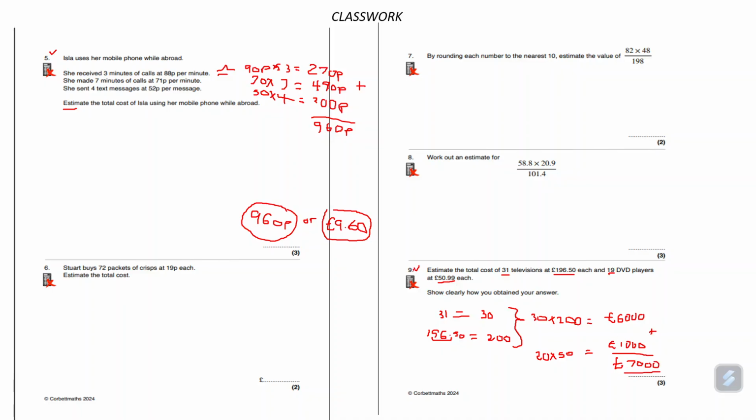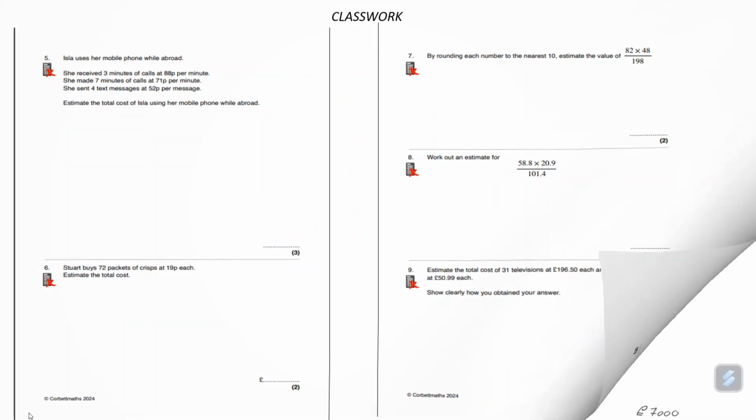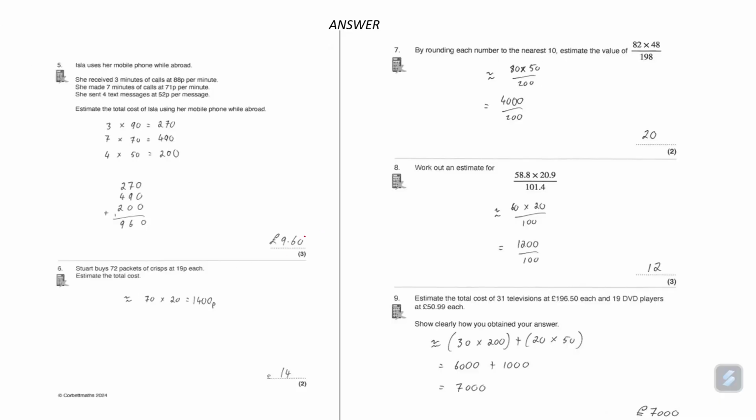So we've completed question 9 and question 5 here. I encourage my learners or viewers doing personal or group revision to have a go at question numbers 6, 7, and 8. Once they've done that, we can move on to the next slide to cross-check our answers. You can see we are correct here. That's good.